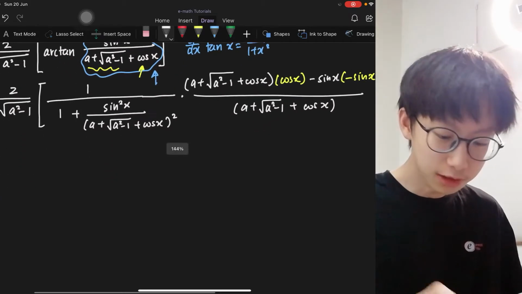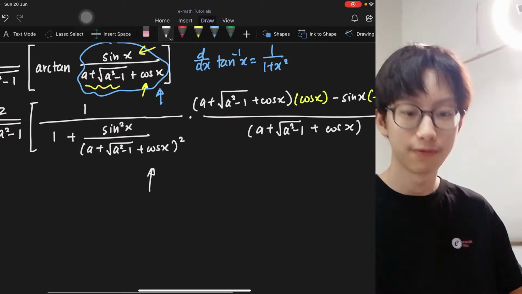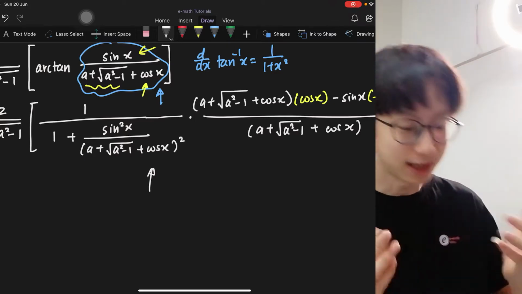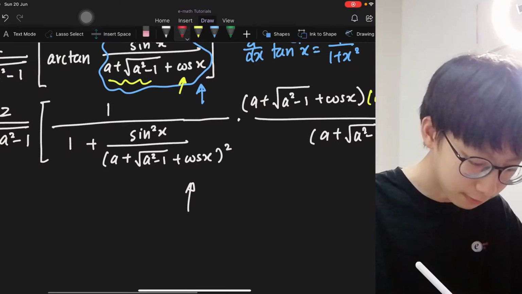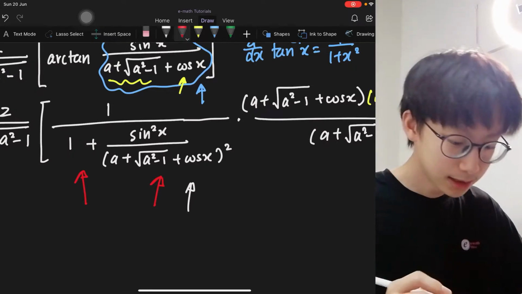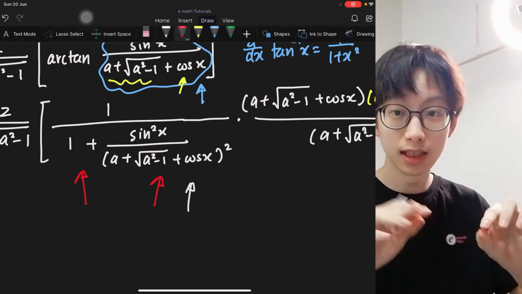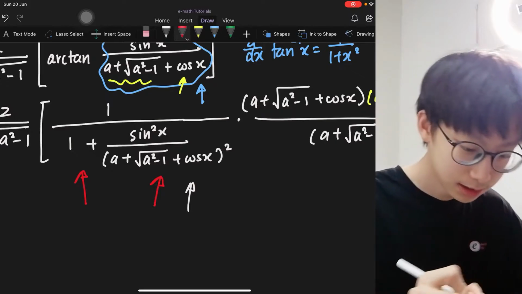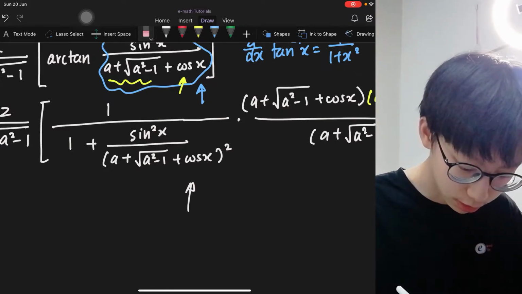So before we do anything, let me simplify this fraction first, because I don't like the layering. When you want to combine this and that, usually we get a common denominator, and when we combine it into one term, you can flip it.